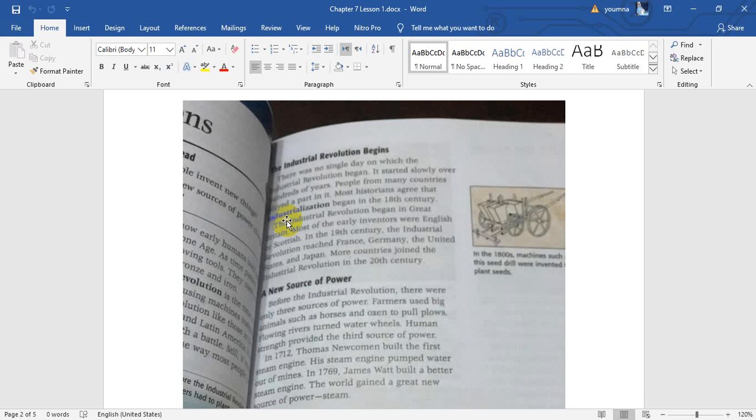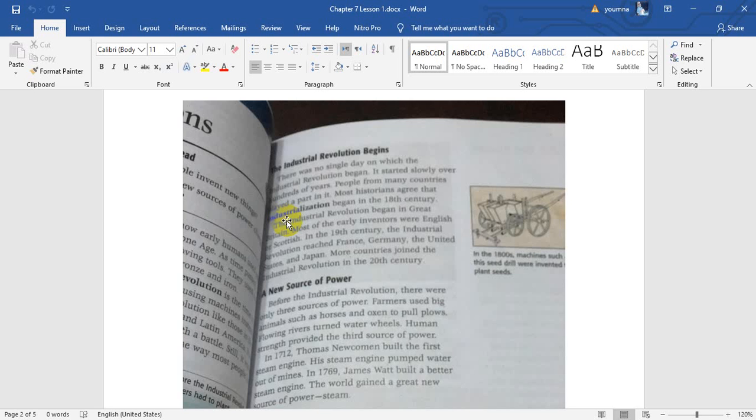The Industrial Revolution began in Great Britain. So where did it begin? It began in Great Britain. Most of early inventors, the people who are inventing or making new machines, were English or Scottish. So why the Industrial Revolution began in Britain? Because the early inventors were English or Scottish.